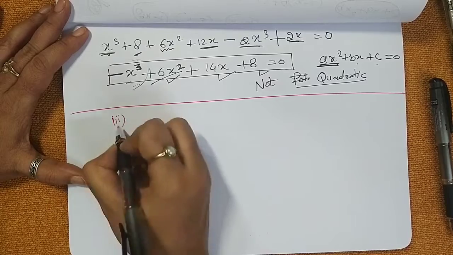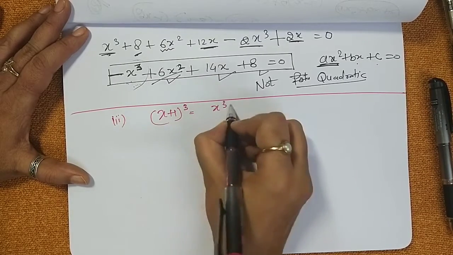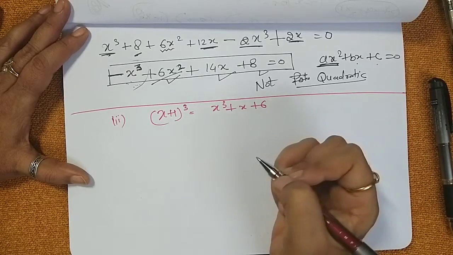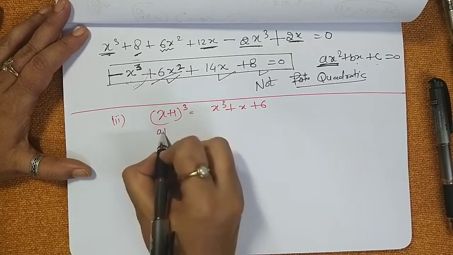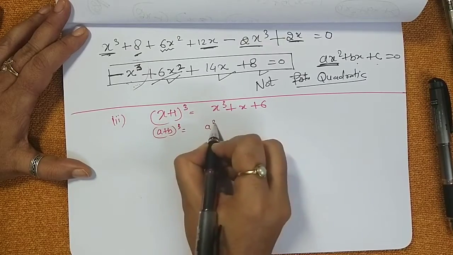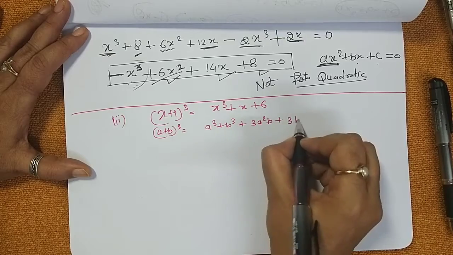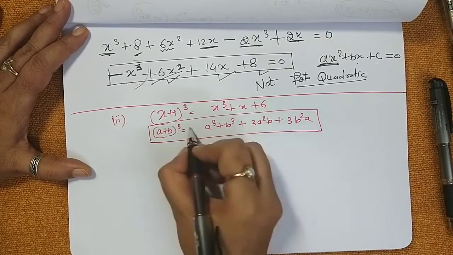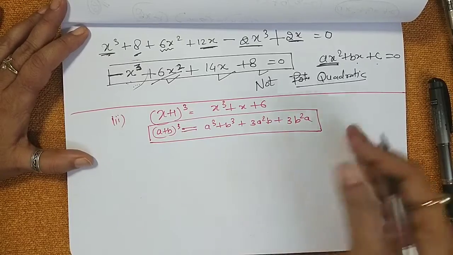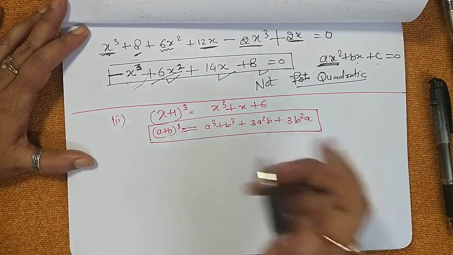Third part of the question says (x plus 1) cube is x cube plus x plus 6. So I hope you remember I wrote a formula. (a plus b) cube is a cube plus b cube plus 3a square b plus 3b square a. Please mention the formula whenever you are using it, because when you mention it multiple times, it will sink in your brain.